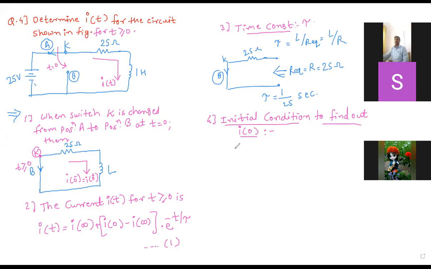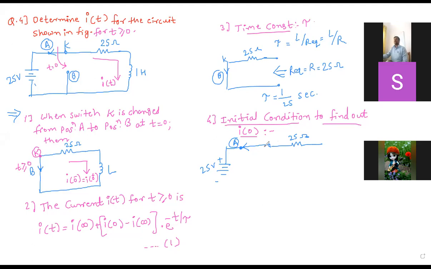So to find i of 0, we have to consider when the switch was at position A. According to that, you have to draw the diagram. This is 25 volt, plus minus. The switch is at position A. This is 25 ohm.